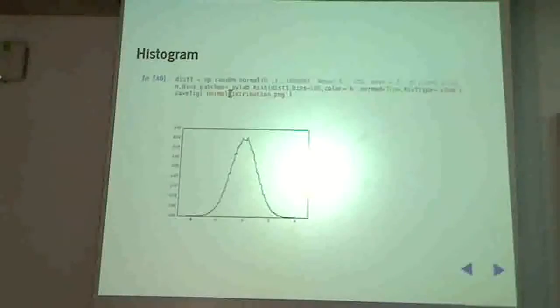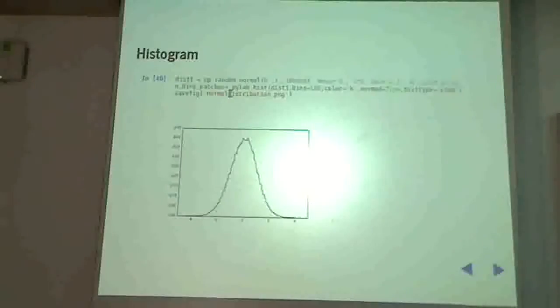Okay, histogram plots are also easy to do. So again I construct a normal distribution, this time with 100,000 points and a standard deviation of 1, and then I give a command called pylab.hist. I could easily have said hist, that's also okay. Distribution 1, the number of bins that I want to bin this distribution into, the color of the curve.